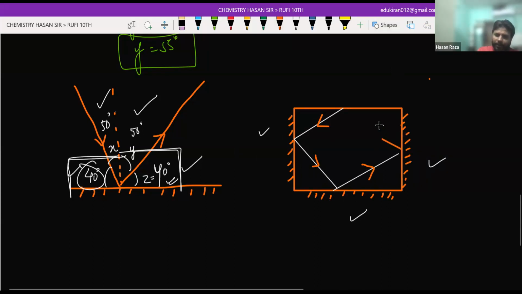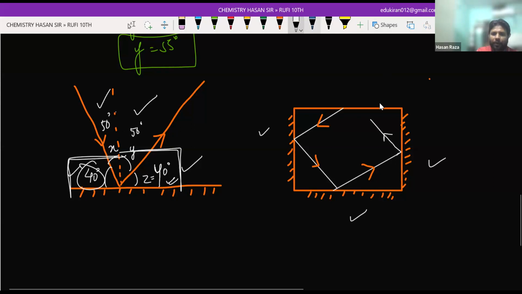And again it will go like, just wait a minute. I'm drawing, not able to do it clearly. Basically it will go like this.